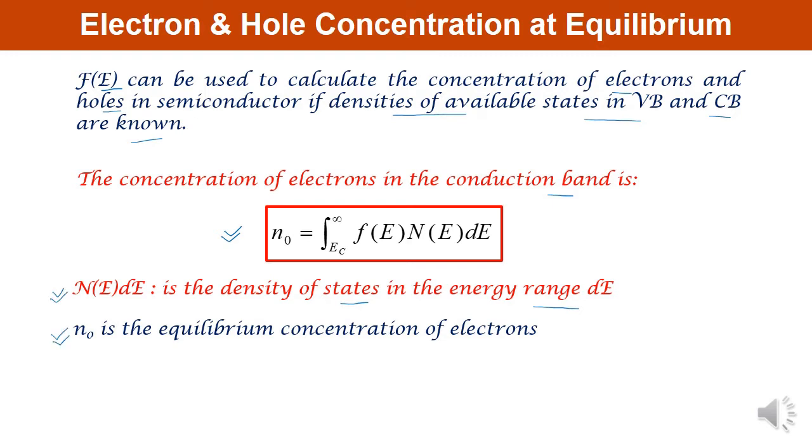So accordingly it can be calculated. Here this subscript 0 is used with electron. You can see N0 is being written over here. And the hole concentration symbol can be written as P0. So it indicates the equilibrium conditions.